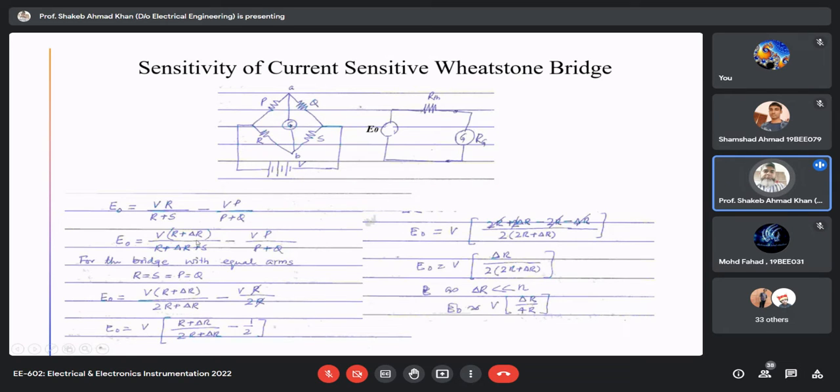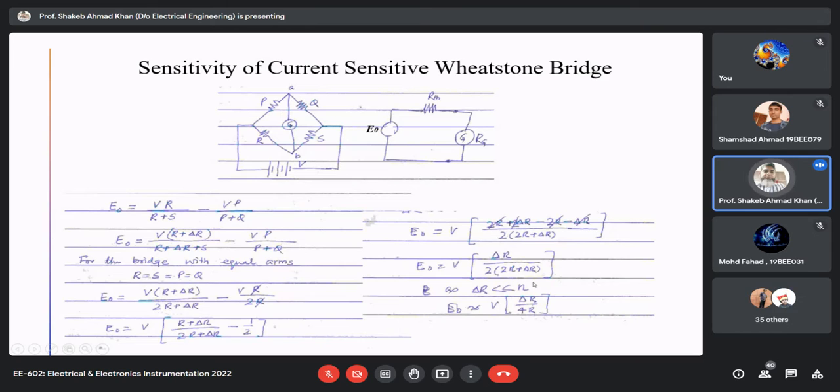If there is any change in R, that is the sensor resistance, the bridge will become unbalanced. We have taken the equal arm bridge PQRS, so we replace P, Q, S by R, and finally we found this expression, which we further simplified.